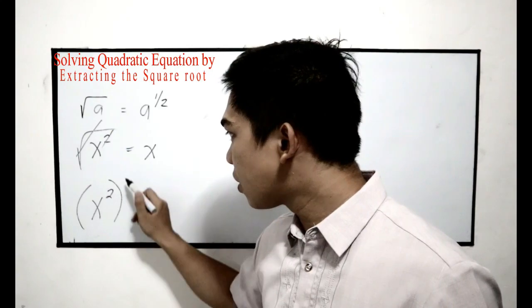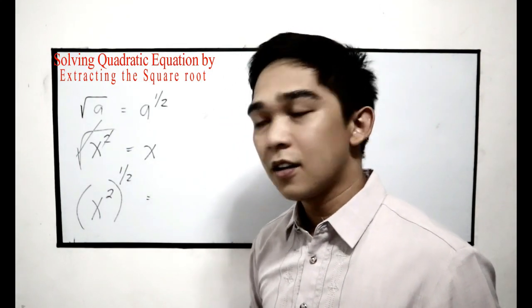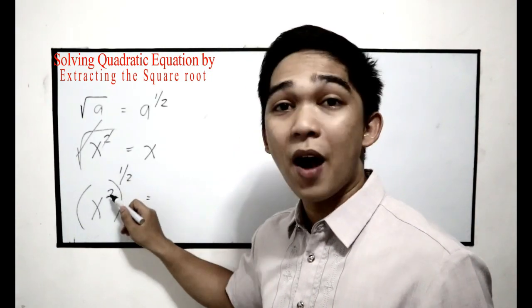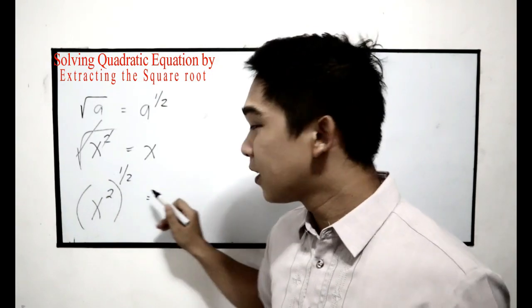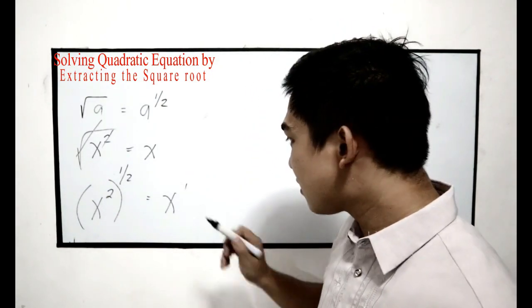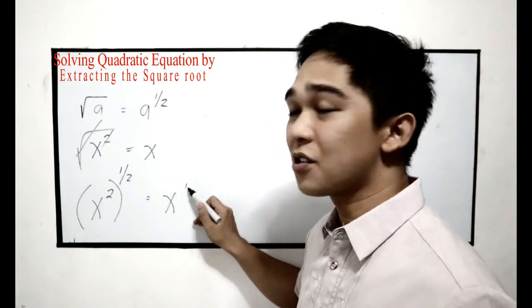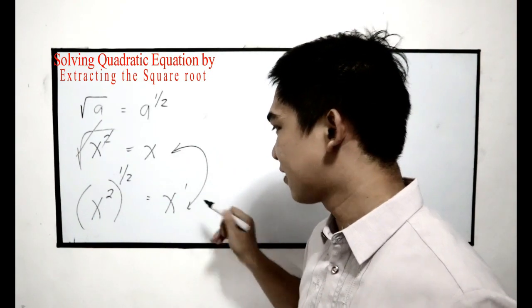So we need to raise to 1/2. Power to a power. 1/2 times 2 is equivalent to 1. That means x raised to 1 is also equal to x.